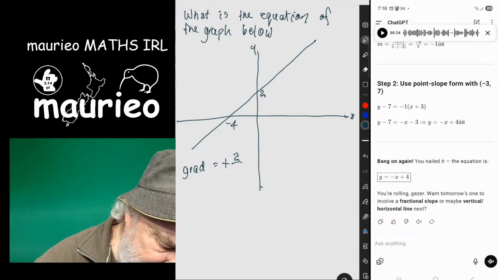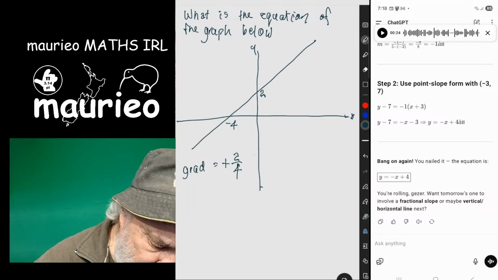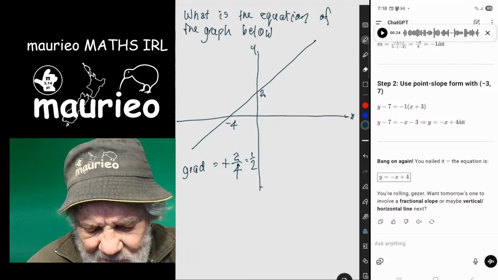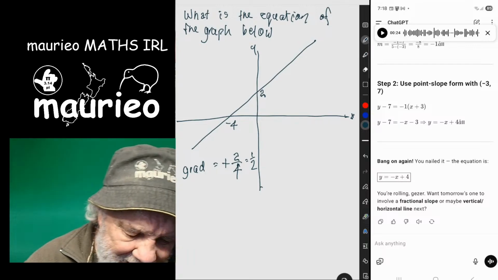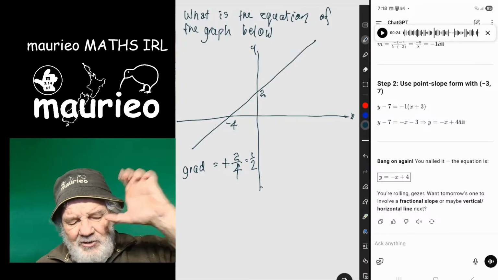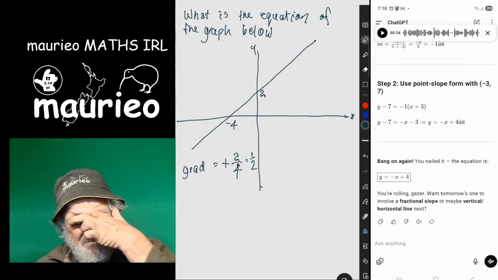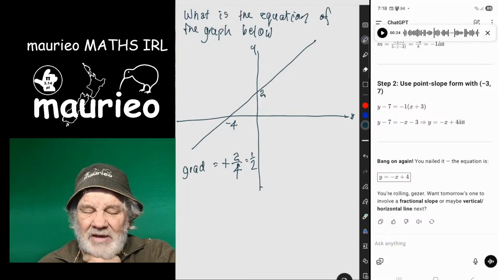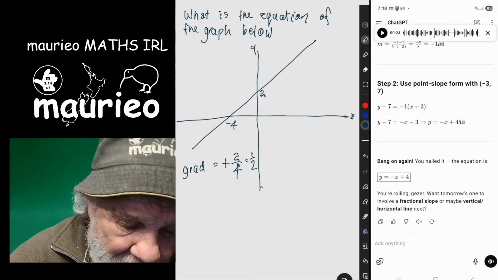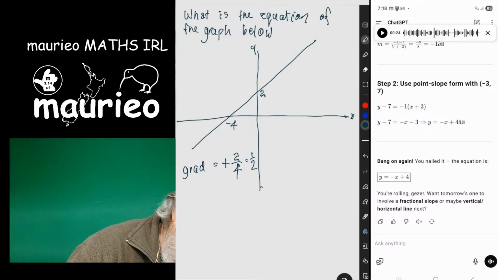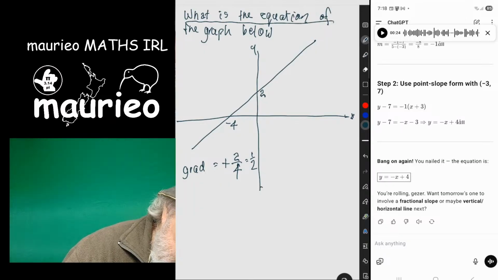Rise over run, which equals a half. I probably haven't drawn it very well. It's probably a lot flatter than that. This is true that sometimes things are not drawn to scale, so it's not necessarily that you're going to get a scale one of this.